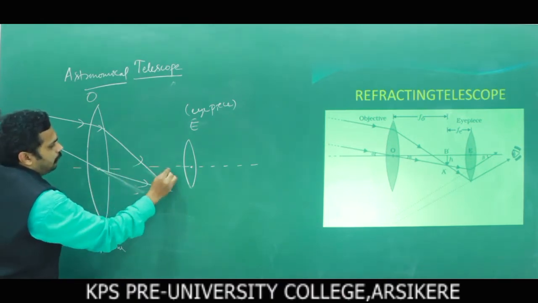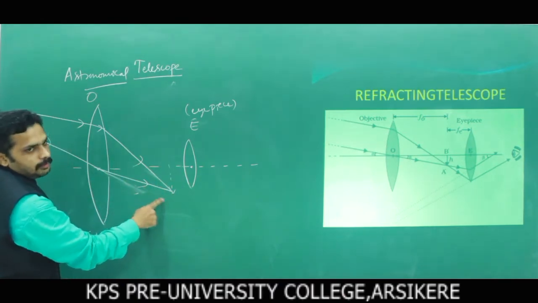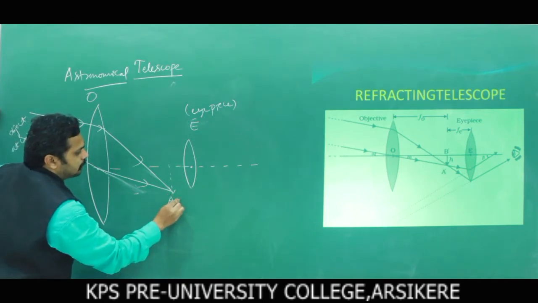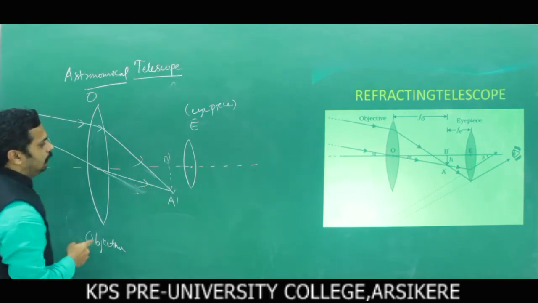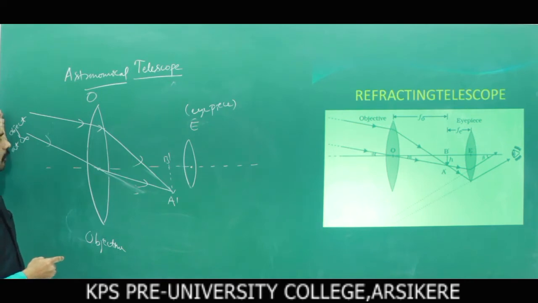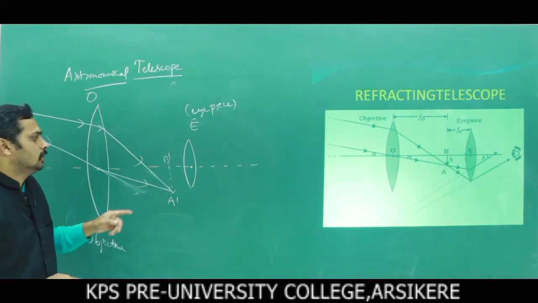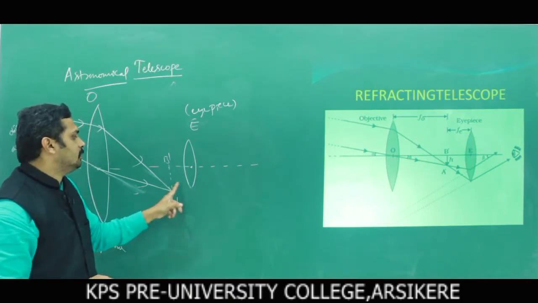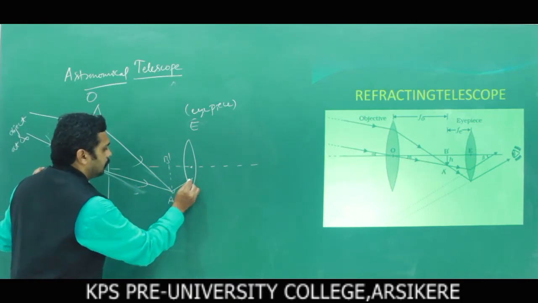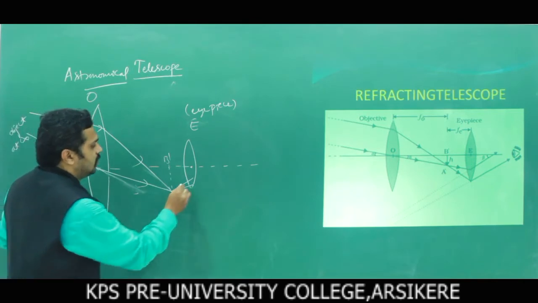After refraction, the refracted rays meet at one point, and at this point the image is formed. For the objective lens, the object is at infinity. This is the image, the real and inverted image, A dash B dash. Now for the eyepiece lens, this image acts as the object.